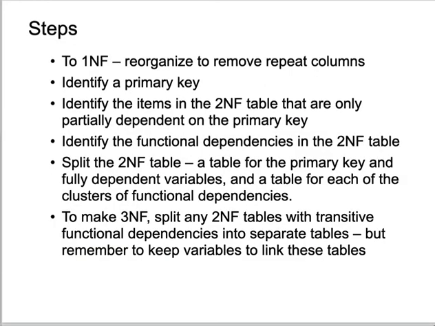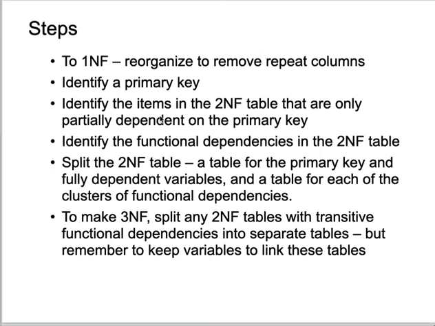So remember, first to go to first normal form, we reorganize the table to remove the repeat column. So from that flat file to that sort of redundant row. Identify a primary key. Now in our case, it was a key where everything was dependent on that. And in my first normal form table, there were really 3 things that went in that.